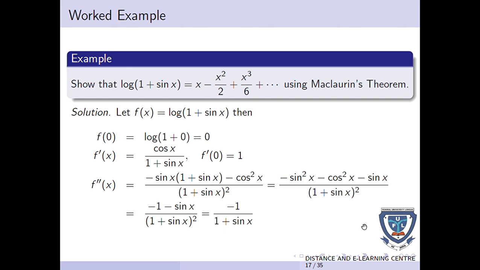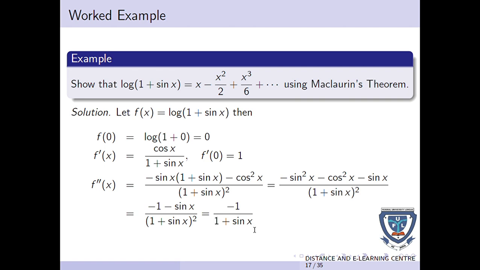Let's look at a worked example to show that log(1 + sin x) is equal to x - x²/2 + x³/6 + ... using Maclaurin's theorem. Solution: let f(x) be given, then f(0) will be 0, f'(0) will be 1, f'(x) will be 1 over 1 + sin x.